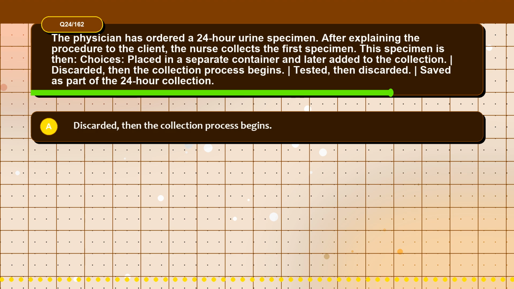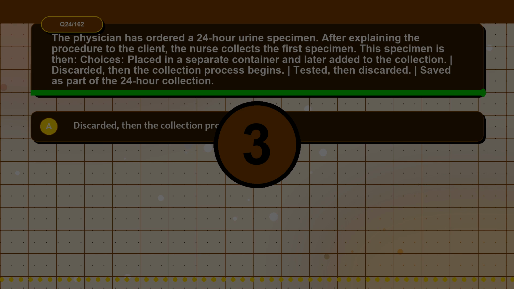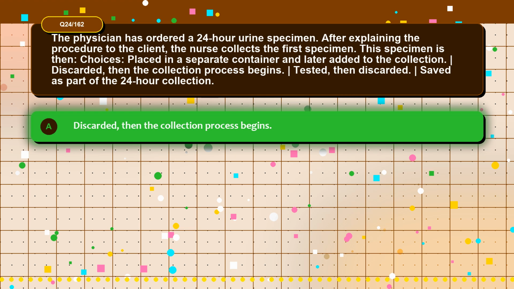Here are the options. Option A, discarded, then the collection process begins. The correct answer is option A.